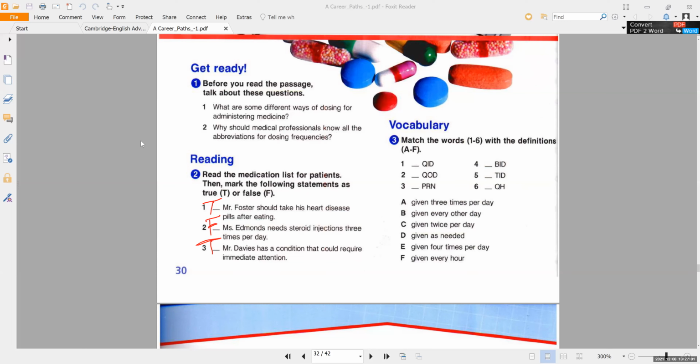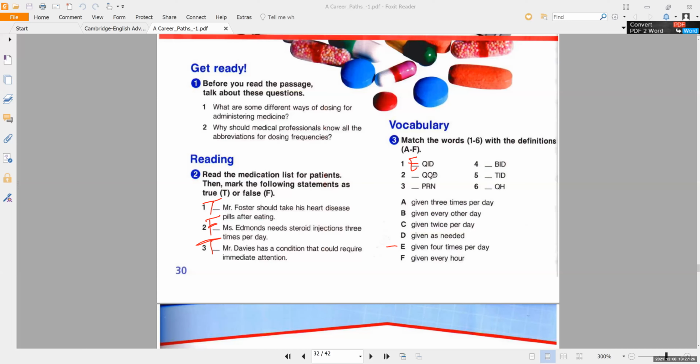Now for the definitions, we have QID, QOD, PRN, BID, TID, and QH. Number 1 is E, given 4 times per day, QID.